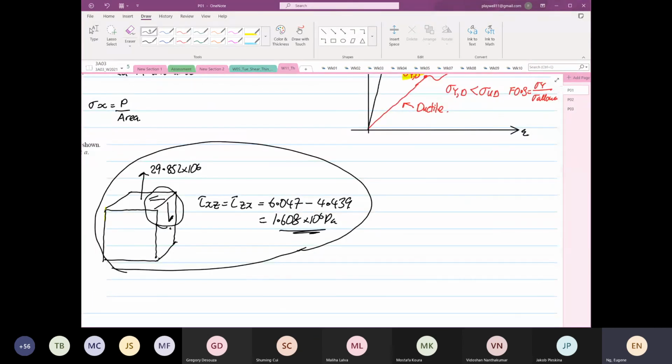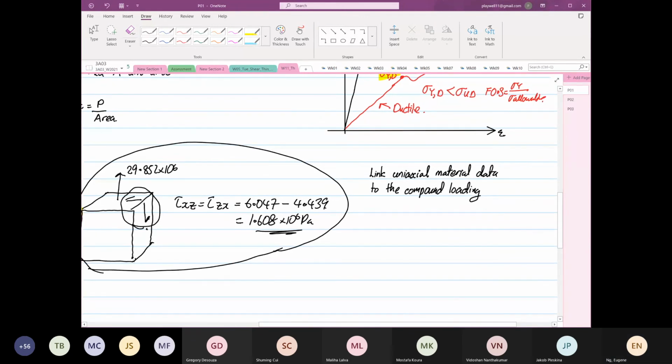So we have to link uniaxial data or material data to the compound loading by using Mohr circle. Okay, we have to link it.